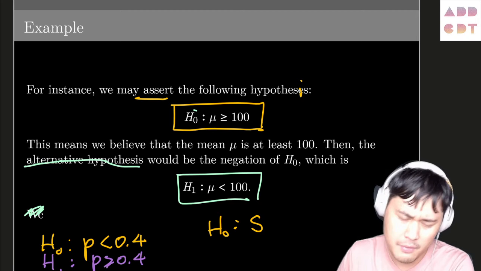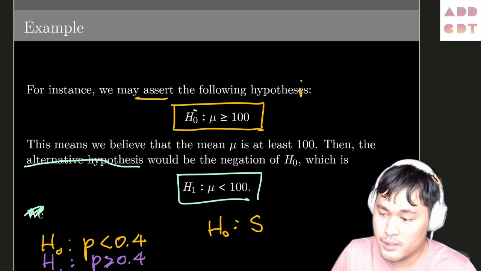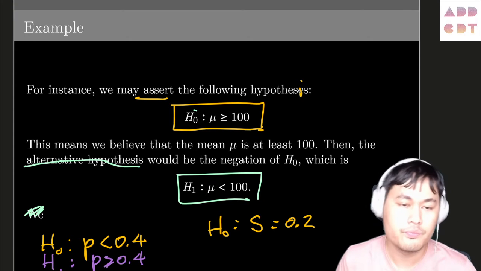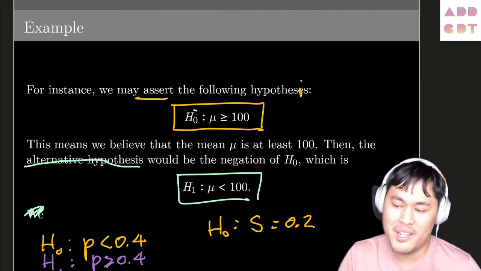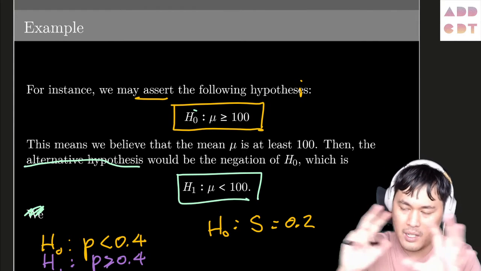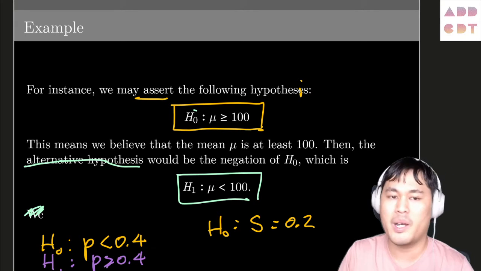Or you can say I believe that the standard deviation of this data is equal to 0.2. Of course, that's a strong claim, because instead of allowing for a range, I claim that it is exactly 0.2.